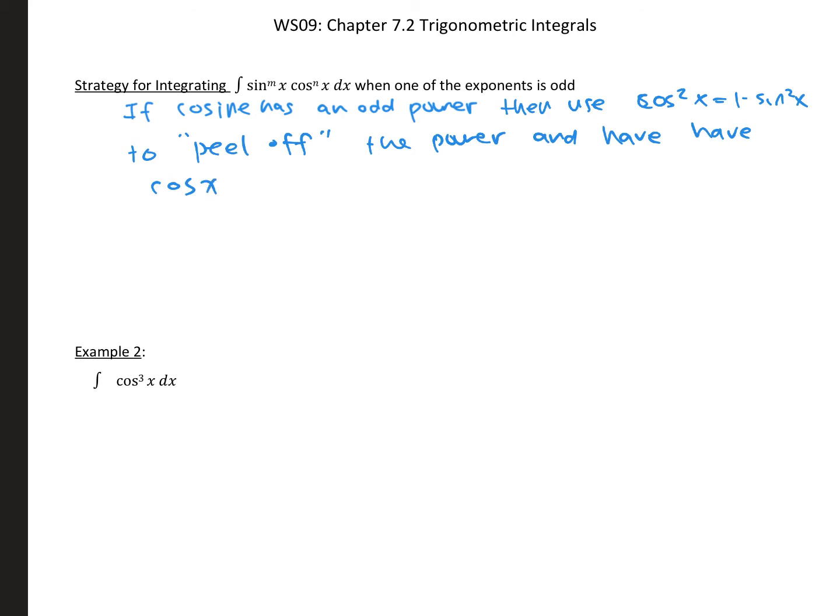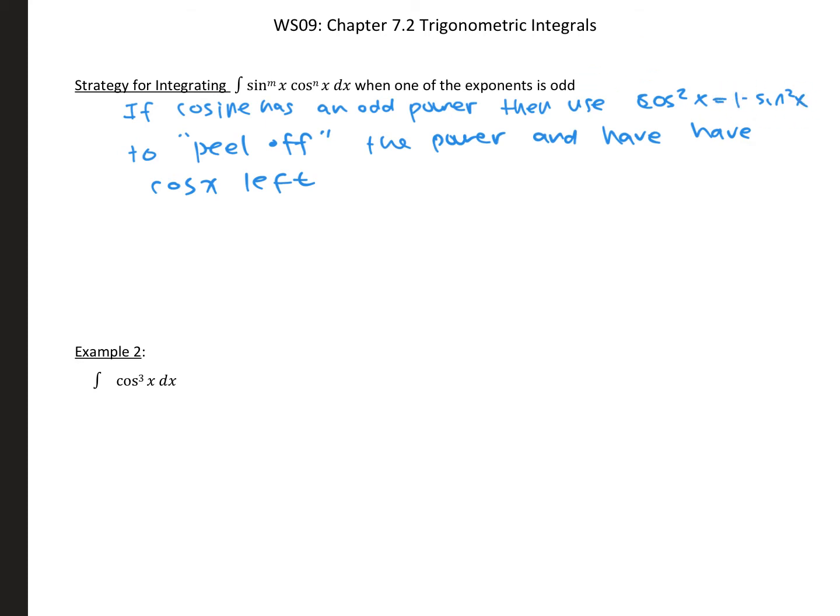cosine left, right? Sorry, it's kind of a weird explanation, but if I have cosine cubed, I can split that into cosine squared and then cosine, because I can convert cosine squared into 1 minus sine squared. If I had cosine to the 5th power, then it's cosine 4th times cosine, and cosine 4th is just cosine squared times cosine squared, so I can do 2 of these, right?